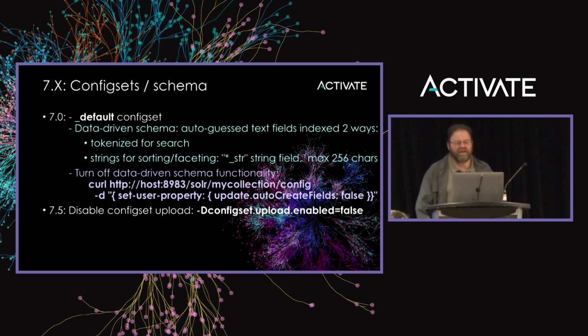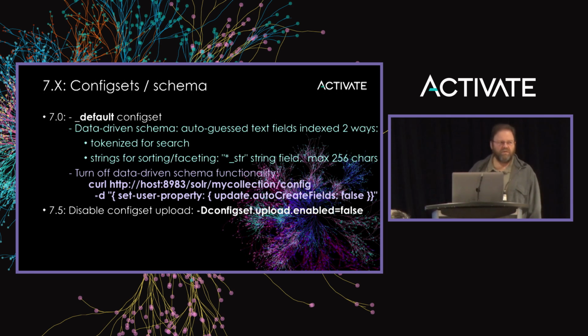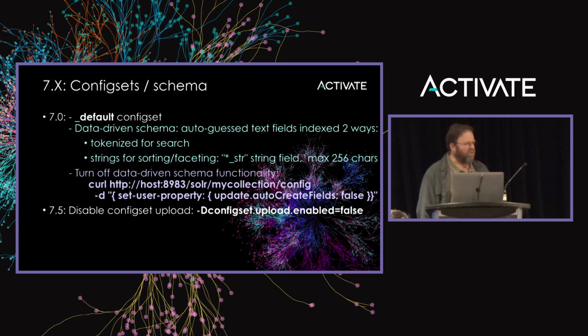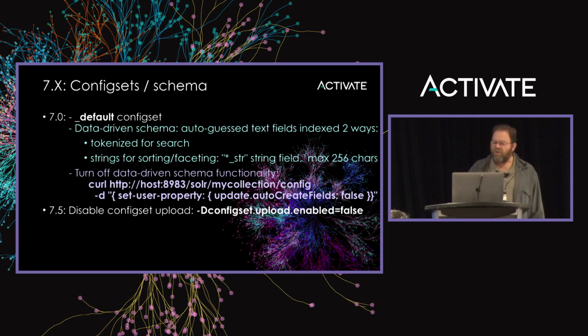Next topic, 7.x, config sets and schema. 7.0 introduced a default config set so that when you, for example, using bin/solr, create a new collection and don't specify a config set, a copy of the default config set will be made. Also in 7.0, in data-driven schema, AutoGuess text fields are now indexed in 2 ways instead of just one.